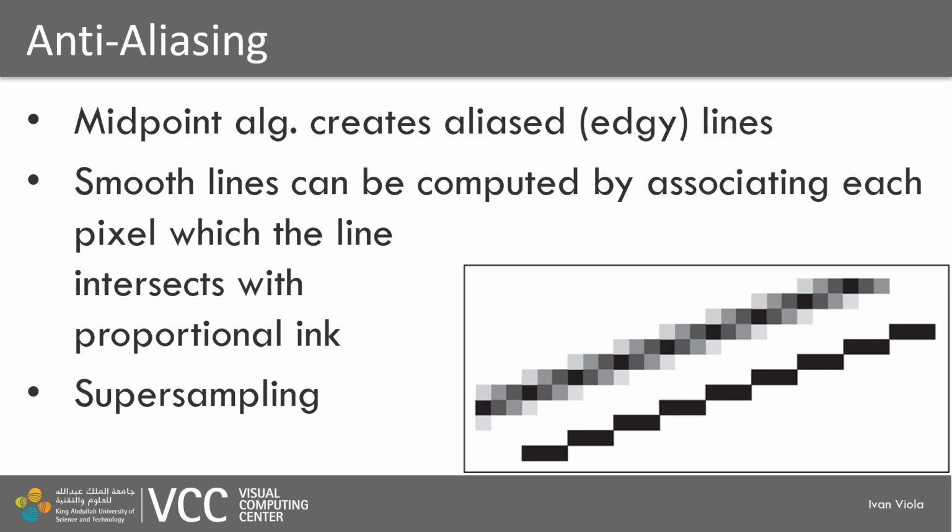And then, based on the value of the 4 pixels, we can decide whether we will be drawing a full ink color of the primitive, so to say, or just a fraction of its color.